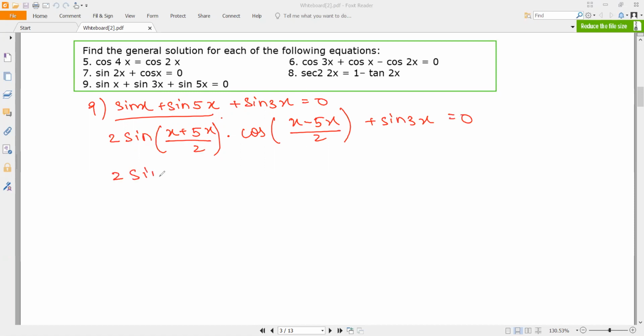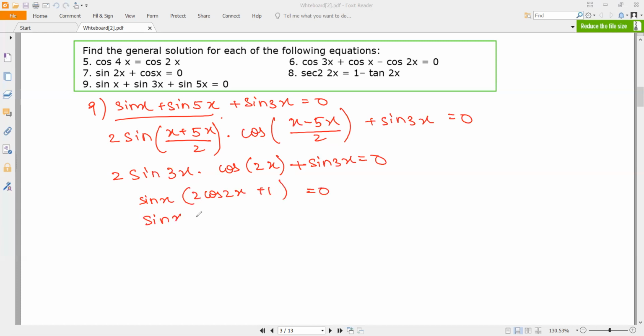So 2 sin 3x into cos of minus 4x divided by 2, which is minus 2x. Cos of minus theta is equal to cos theta, plus sin 3x is equal to 0. Taking sin 3x common, sin 3x into 2 cos 2x plus 1 is equal to 0.